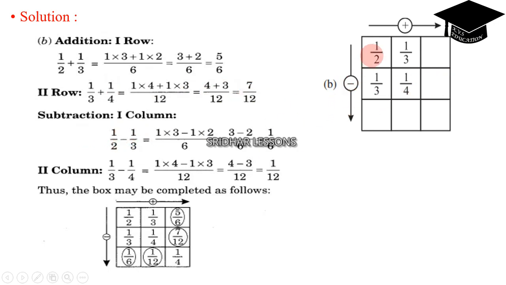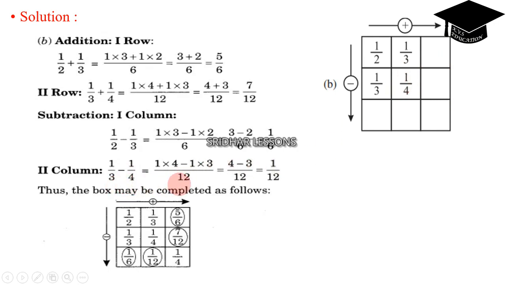Subtraction for the first column, 1 by 2 minus 1 by 3. Here 6 is the LCM. 1 into 3 minus 2 into 1. 3 minus 2, this is 1 by 6 here. For the second column, 1 by 3 minus 1 by 4.